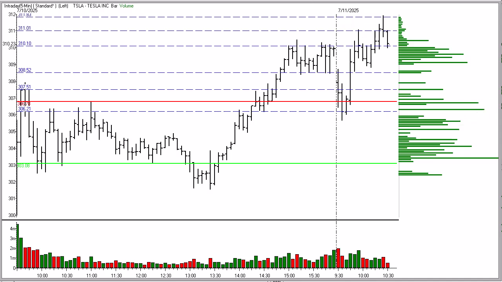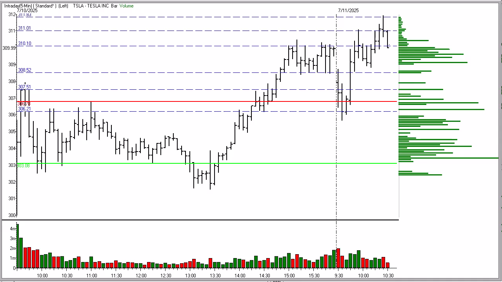But 311.01 definitely had a strong reaction move. You had 3 times there that price moved back down to 310.10 again. And that's the next area that we're expecting to be significant in terms of the price action that we're going to see.